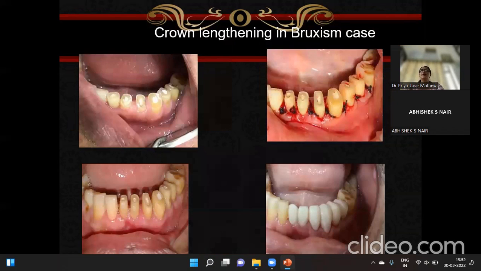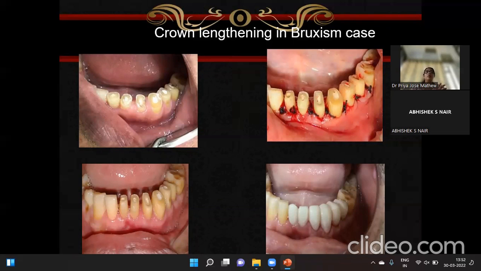Now, this is another case in which we can see that the crown height is very low. So, if we manage to give a post and core and all, again after the preparation, we may not get good tooth structure. So, in this case, we have done crown lengthening. The bone contouring was done, and we can see how much tooth structure has been gained.